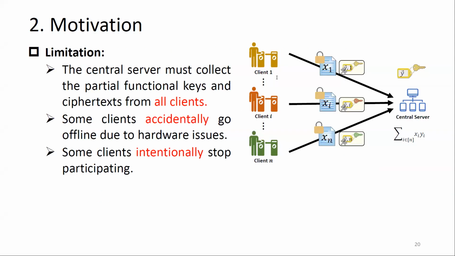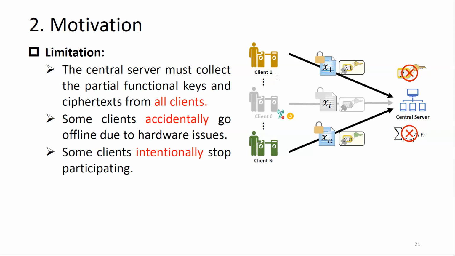However, DMCIB requires that the server must collect the partial functional keys and ciphertexts from all clients. When some clients accidentally go offline due to hardware issues or intentionally stop participating, we call them negative clients. The central server cannot obtain the functional key and cannot obtain the traffic density.